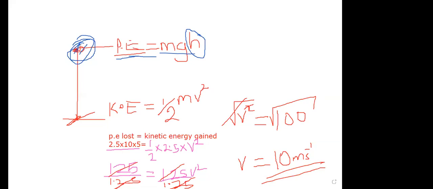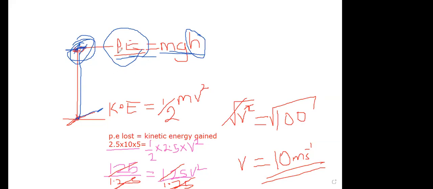Now, for a body which is up here, it possesses potential energy, which is mgh. When it comes down, it starts moving, and before it hits the ground, it possesses maximum kinetic energy.